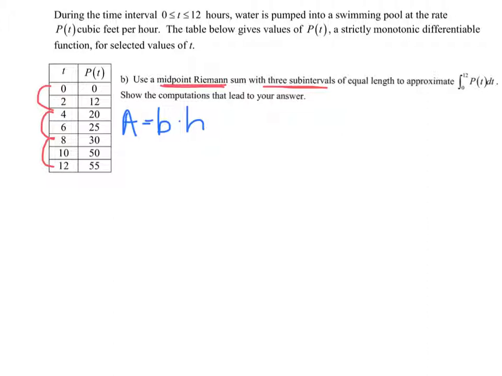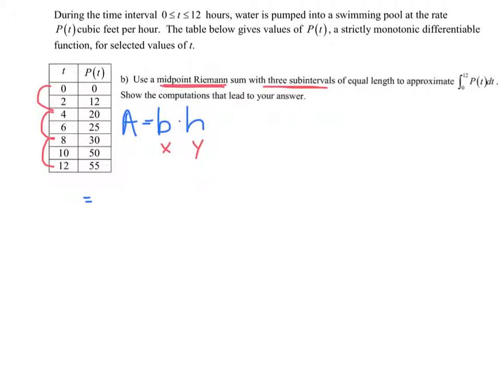But for midpoint, our base still comes from the distance between our x values, and our height is our y height. And we are taking the middle y height for a midpoint Riemann sum.